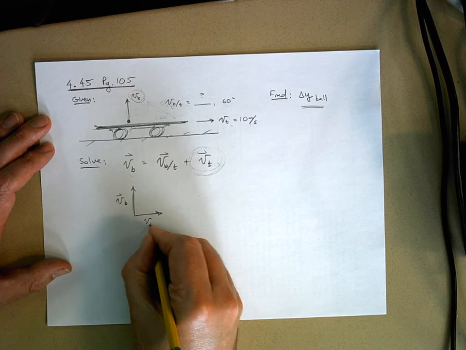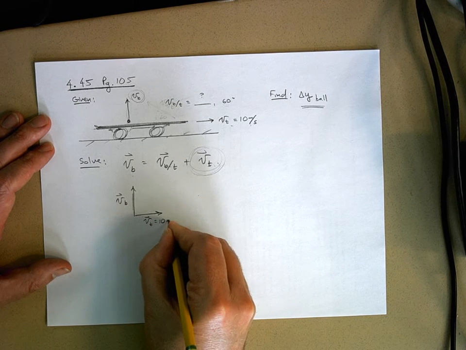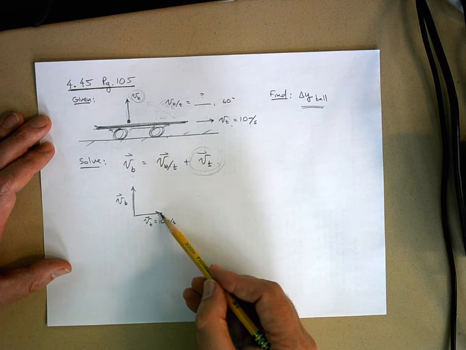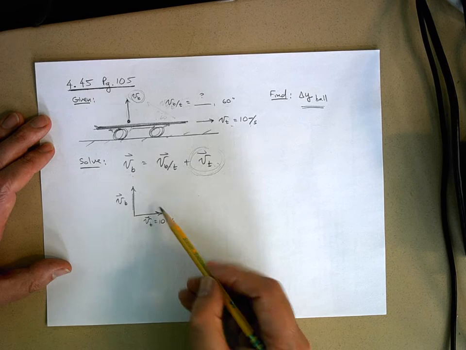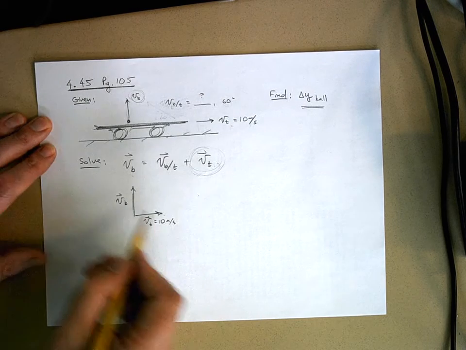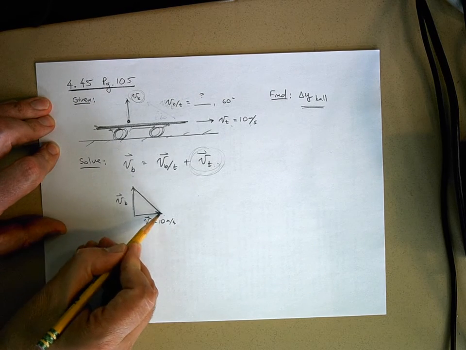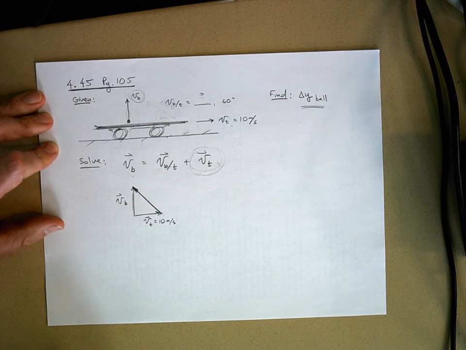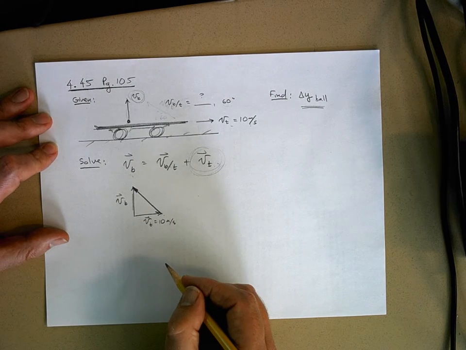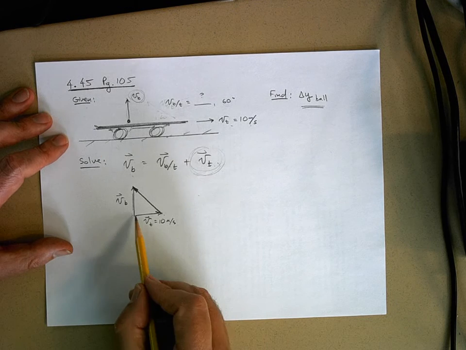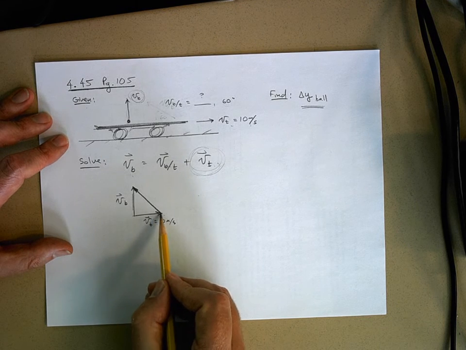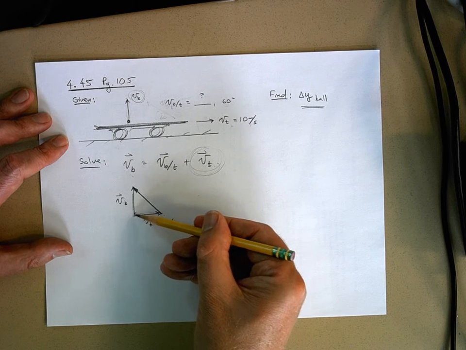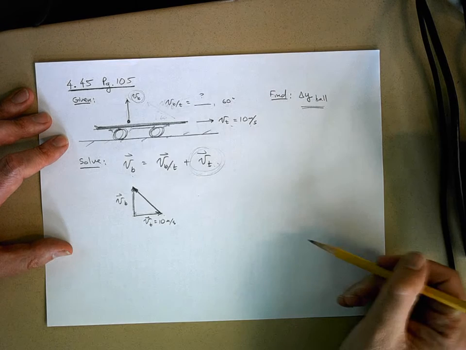So this is the velocity of the train, 10 meters per second to the right, which means that to get the velocity of the ball going straight up, the ball compared to the train has to be thrown like this. That makes sense? The train's going this way, so for the ball to go straight up, the thrower has to cancel out that horizontal velocity plus give it some vertical velocity.